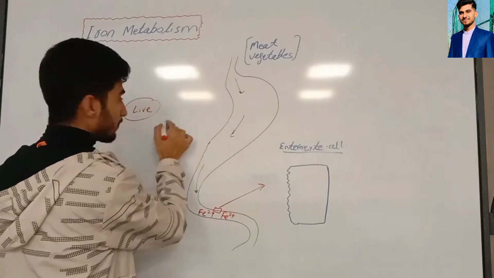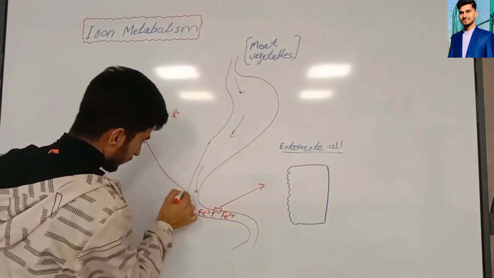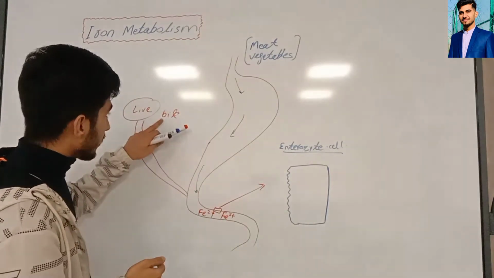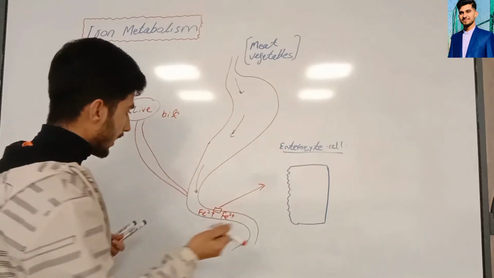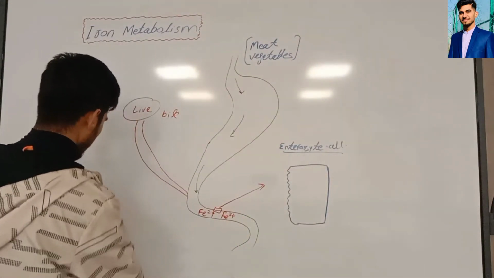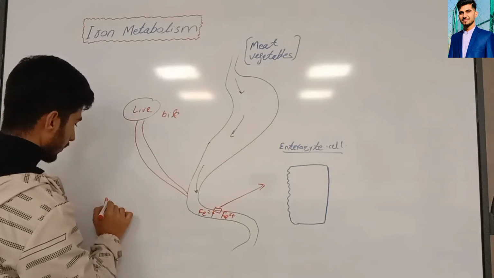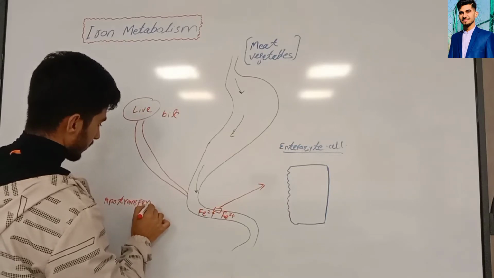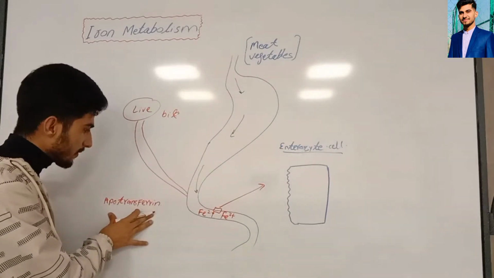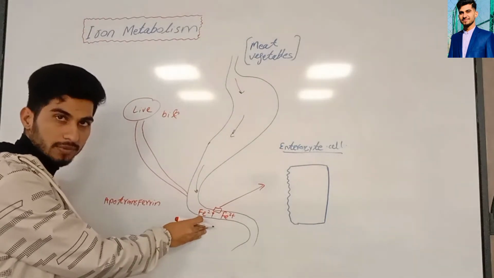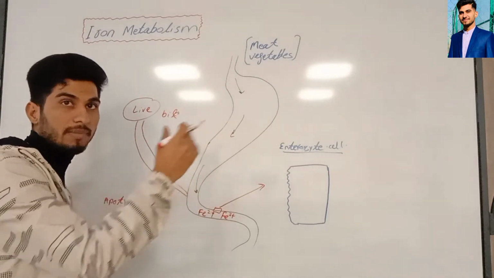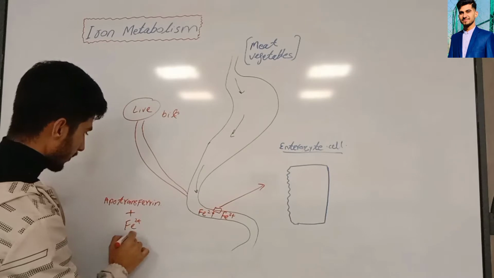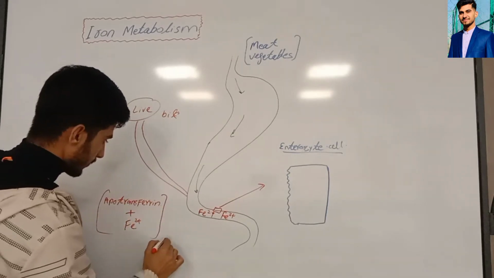Our liver secretes bile through the bile duct into the duodenum, and this bile contains a protein known as apotransferrin. This apotransferrin will combine with the iron to form the transferrin molecule.